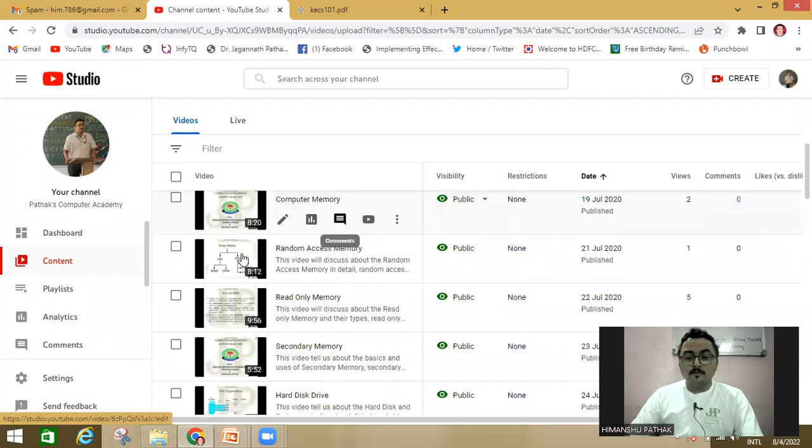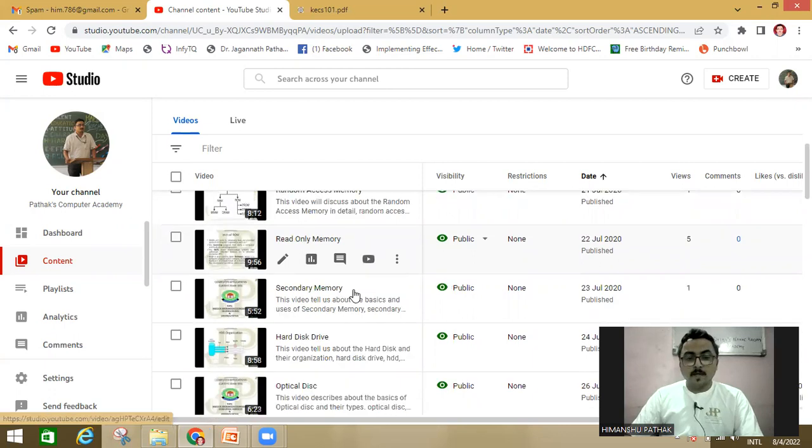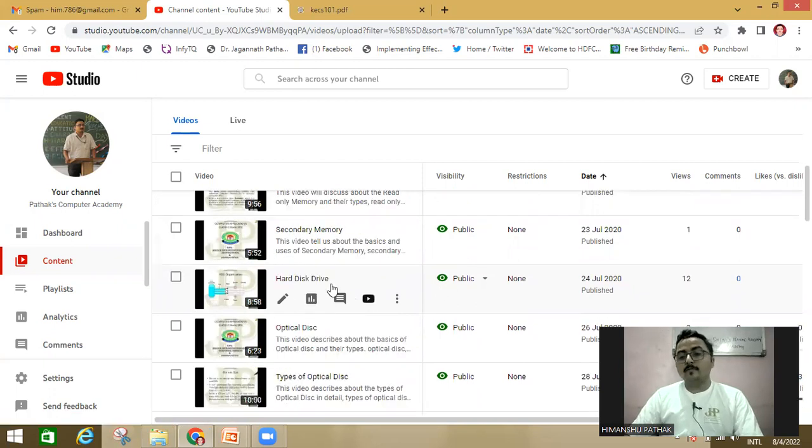Then a separate video is recorded for random access memory, then read only memory. After that, the next video is related to secondary memory, and then how a hard disk drive actually works.